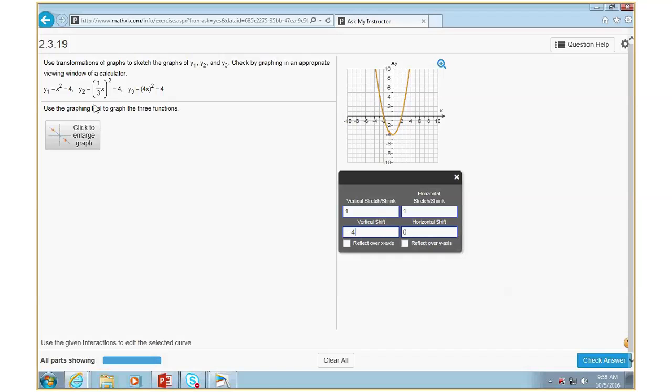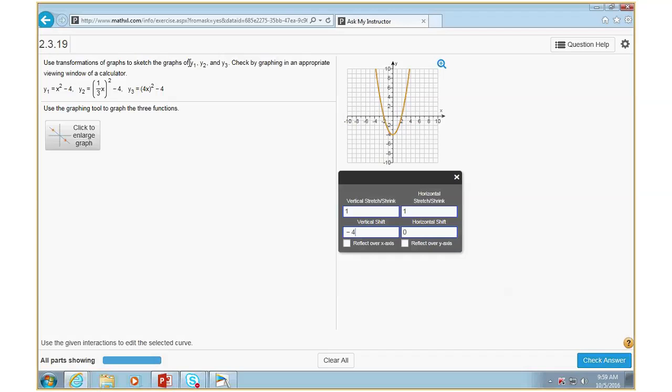Y sub 2, what does 1/3 do? Well, it's not only 1/3, it's also 1/3 what? So it's going to be 1/9. 1/9 means that you're compressing on the y-axis, or you're stretching it what?